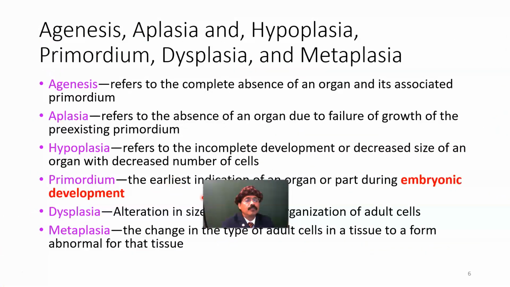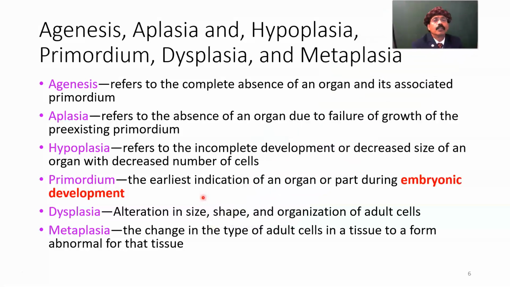Okay, now some definitions to know. Agenesis refers to complete absence of an organ and its associated primordium. Aplasia refers to the absence of an organ due to failure of growth of the pre-existing primordium.